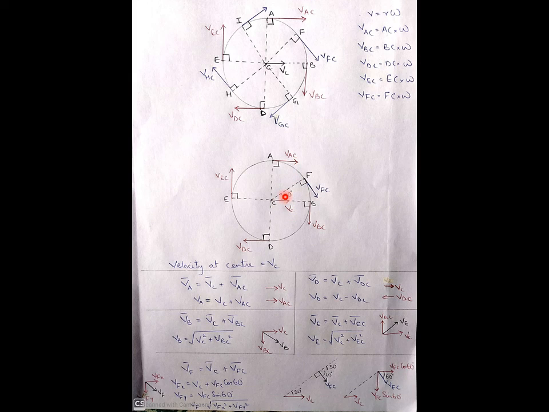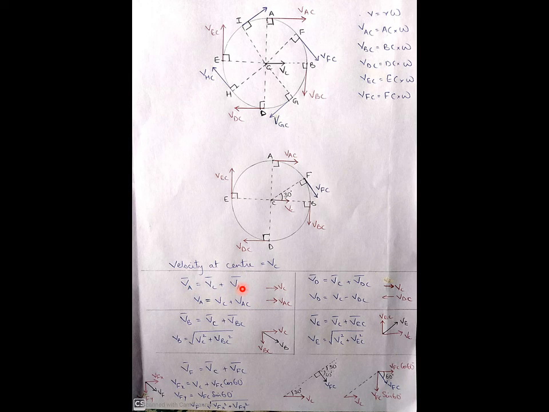Now, how to find the velocity at a particular point A? Initially, we will be writing it as a vector sum. Vector sum means we know this velocity is a vector, which means it has magnitude as well as direction. So we will be representing it initially in vector addition. So velocity of A, this is what we require.